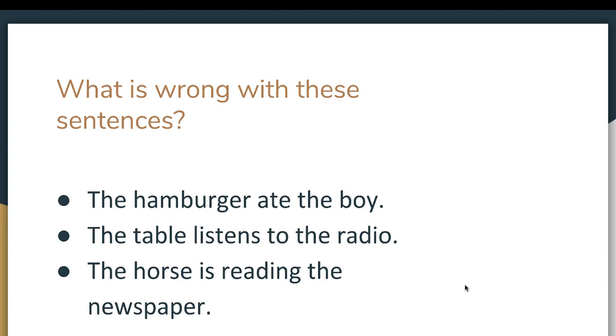So we need something that makes sense to be doing the eating, and then something that's being eaten. Okay? So when we think about hamburgers, are hamburgers able to be eaten? Yes. Can hamburgers do the eating? No. And so this is where we realize that semantically there is an issue with this sentence, and it really should be the boy ate the hamburger.